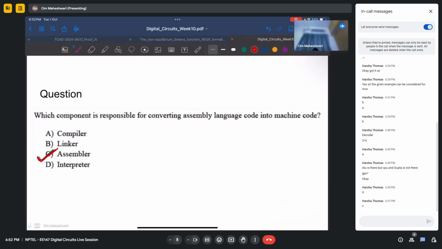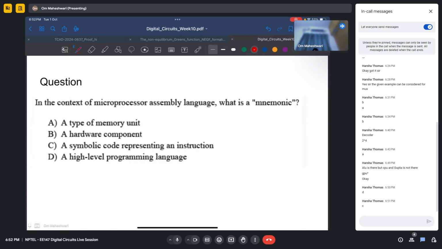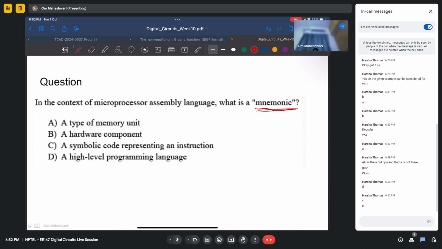Okay, next one. In the context of microprocessor assembly language, what is a mnemonic? So we pronounce this as mnemonic. If you remember the lecture, a mnemonic is a symbolic code representing an instruction.